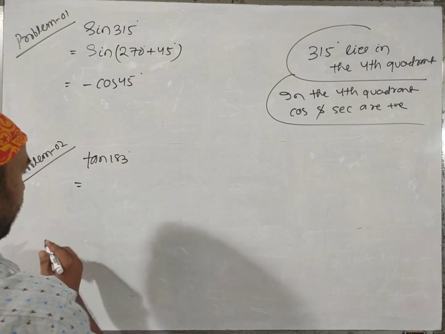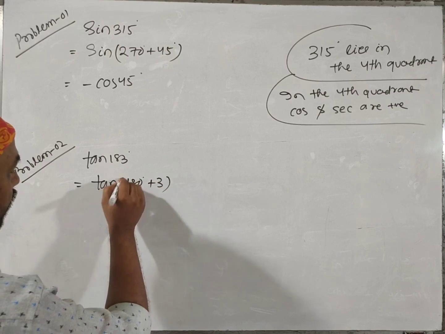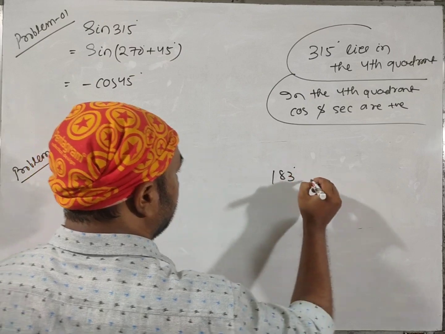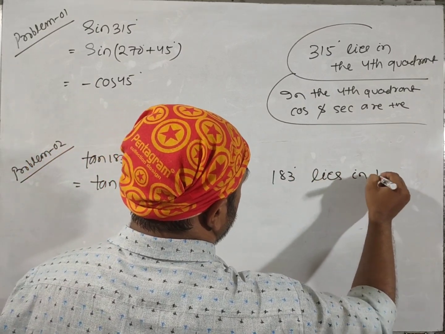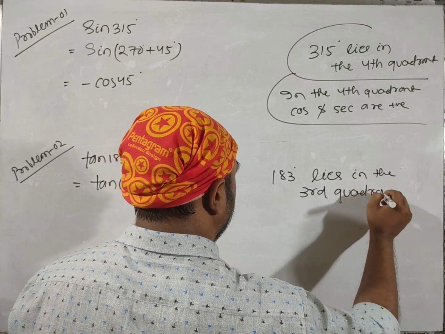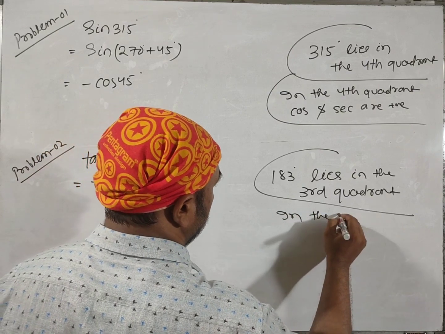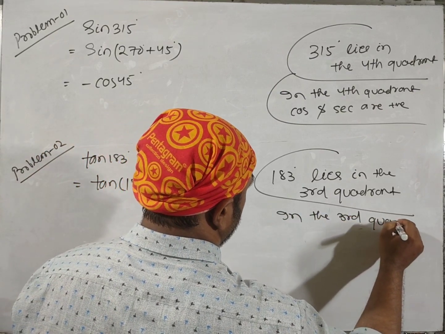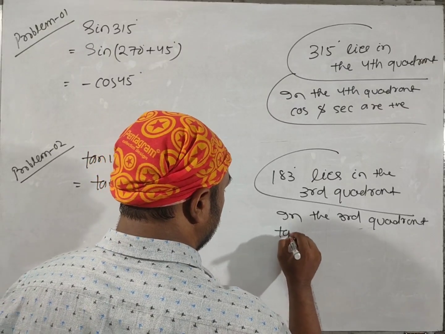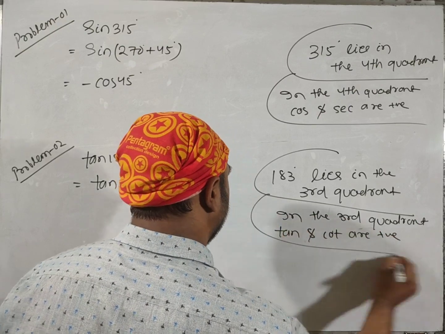Then tan 183 degree. It is tan of 180 degree plus 3 degree. 183 degree lies in the third quadrant. In the third quadrant, tan and cot are positive.